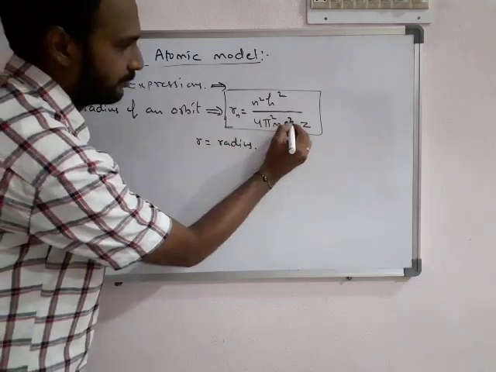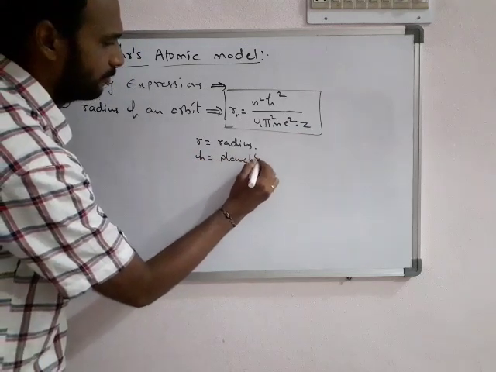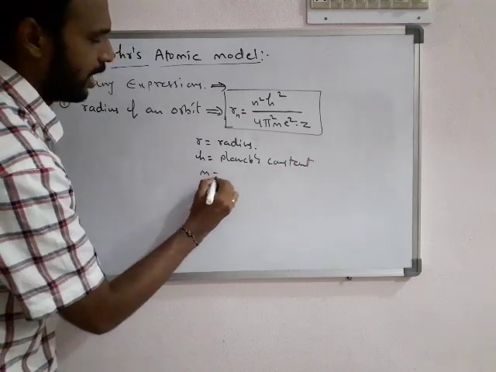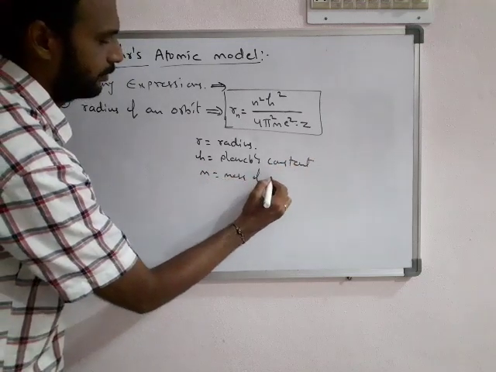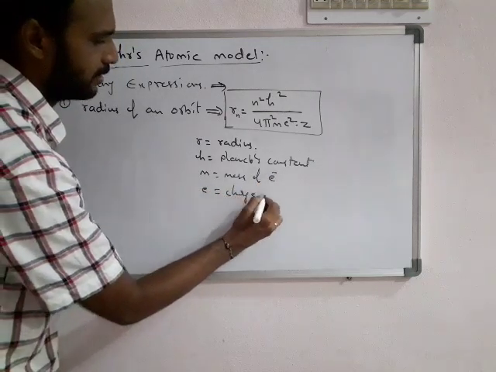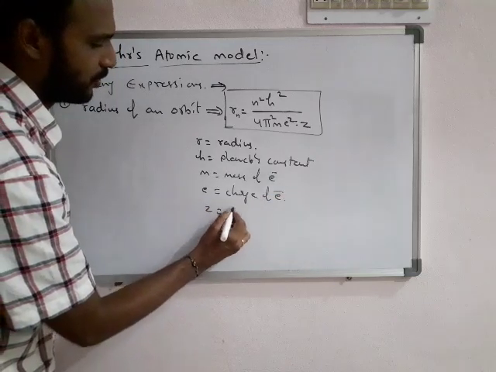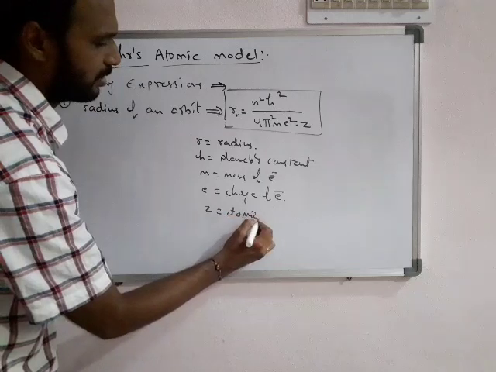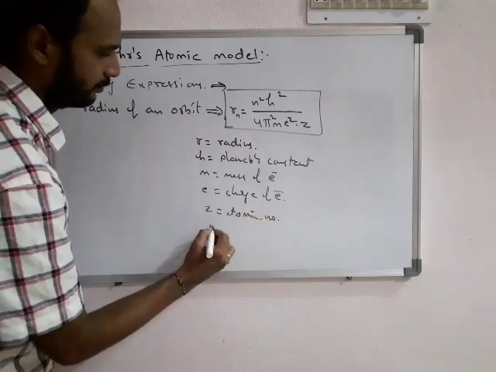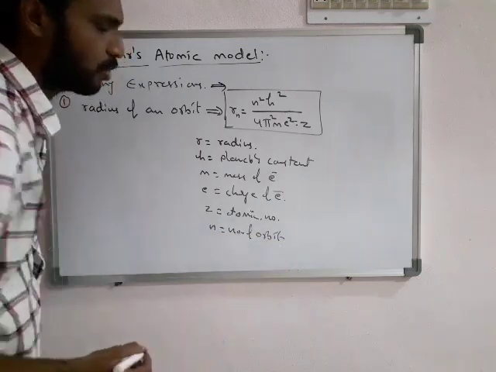We know that h equal to Planck's constant, m equal to mass of electron, and here an important one, what is e? e is the charge of electron. Z is the atomic number. n equal to the number of the orbit where the electron is present.